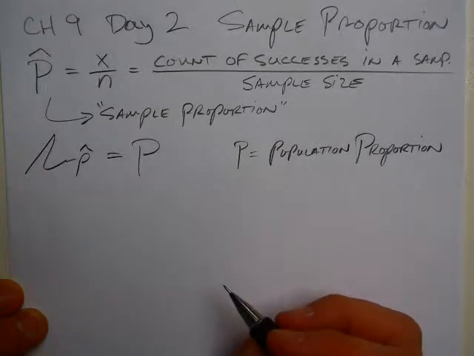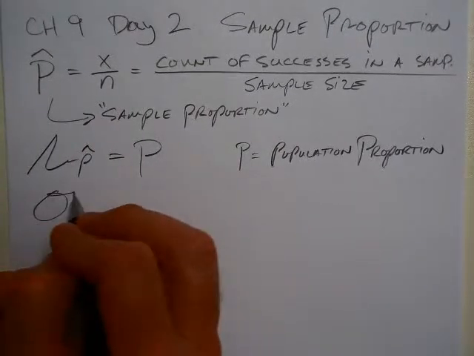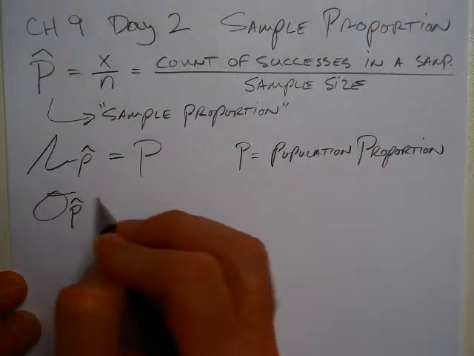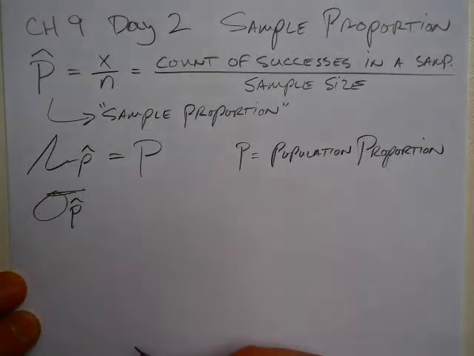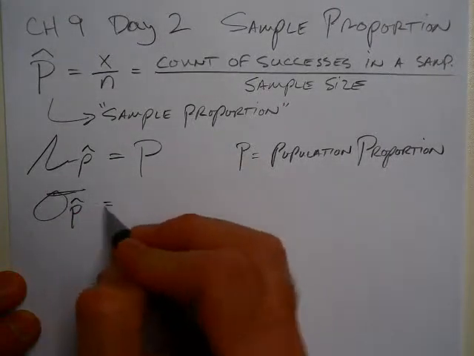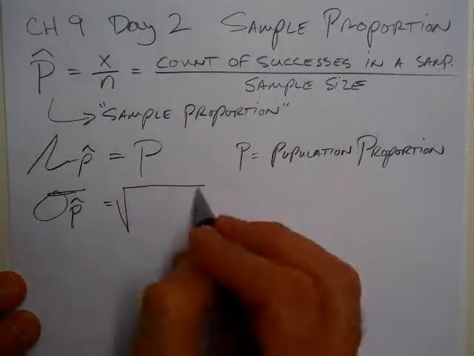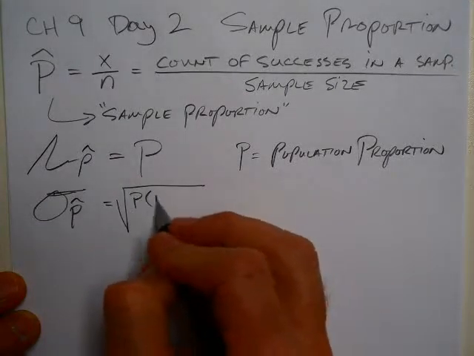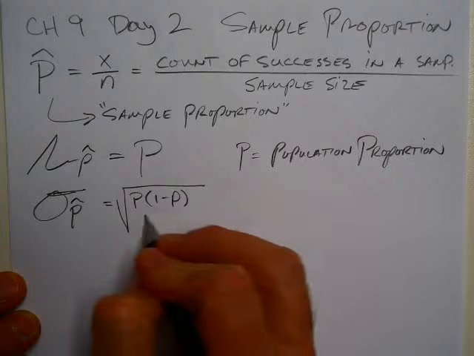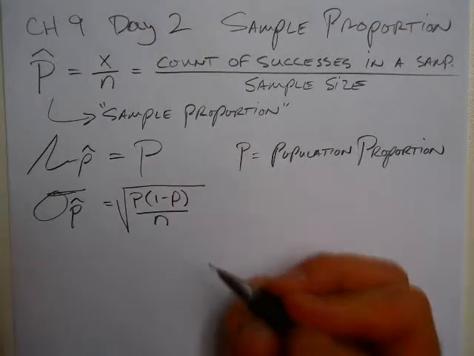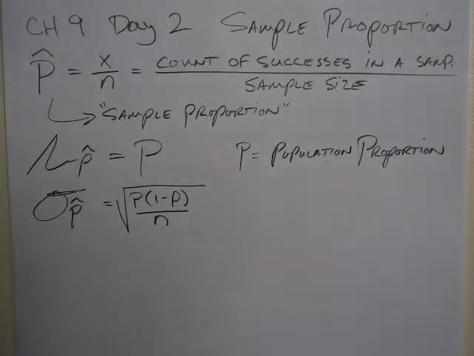And we also have a standard deviation of p hat, which also isn't too bad. Sigma p hat isn't quite as easy. It's the square root of p times 1 minus p divided by n. So the parameter p, the statistic n, it's all you need.